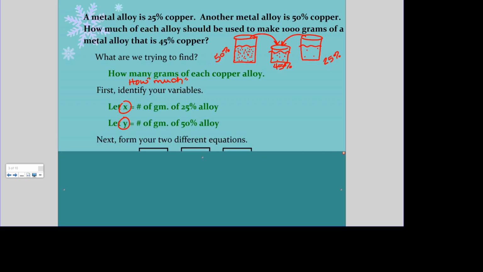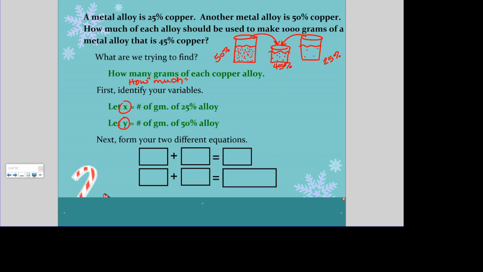Now comes setting up our two equations. If you'll remember, we should have one equation that just represents the totals and the other that represents the percents or monetary amounts. In this example, we're dealing with percents, so we'll get to that in a moment.